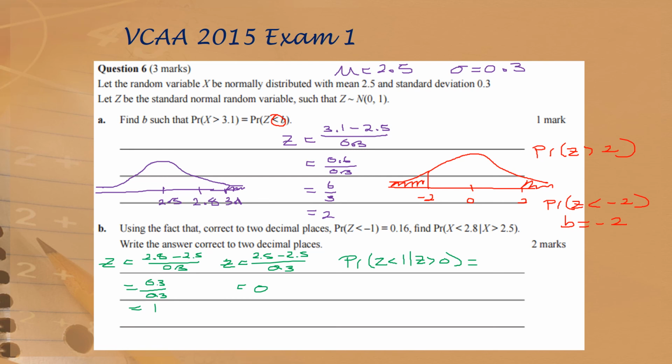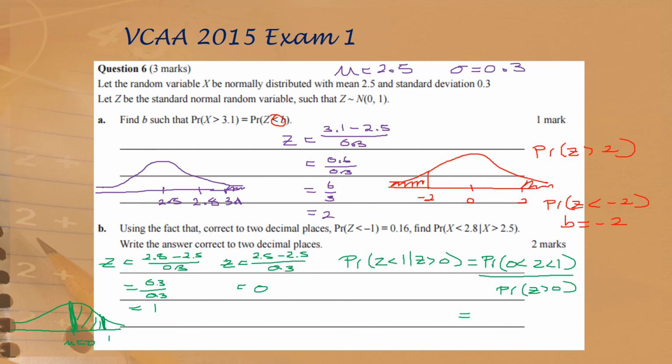So if I'm trying to think of a situation, here's my mean of 0, where z is less than 1, here's the 1 value here, and z is greater than 0, I'm going to be looking at just this section in here. So the numerator is where these two things intersect, which is going to be where z is between 0 and 1. And the denominator is the thing we've been given, which is that z is greater than 0.